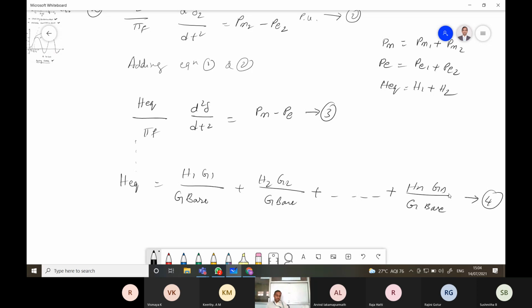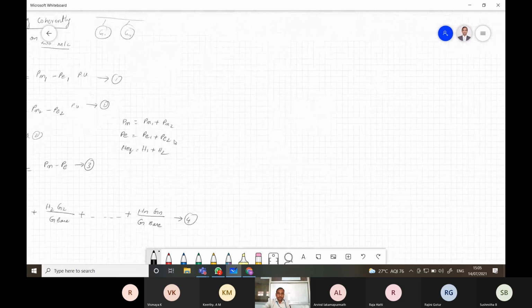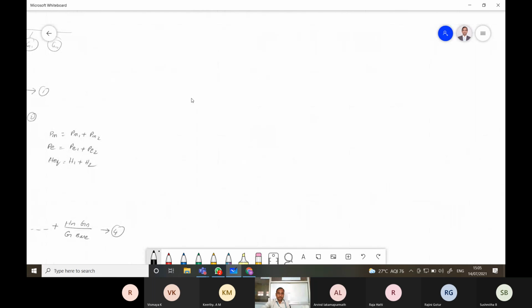So we will discuss some problems on this. Take one problem on the swing equation. Consider one example.